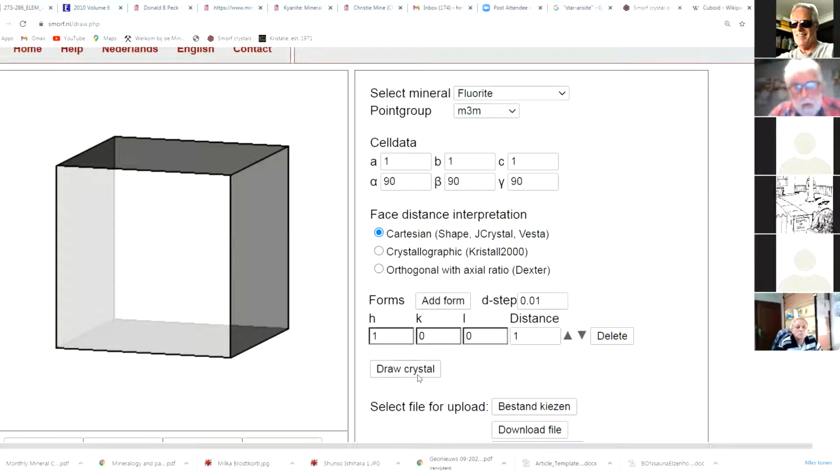Now, why do I get a cube by just entering one set of Miller indices? That's because of the symmetry. As you know, the isometric crystal system has 3 fourfold axes, okay? So both the A, the B, and the C axis are fourfold axes.